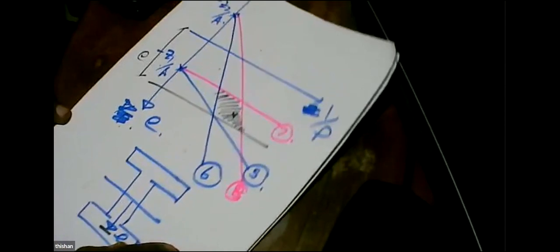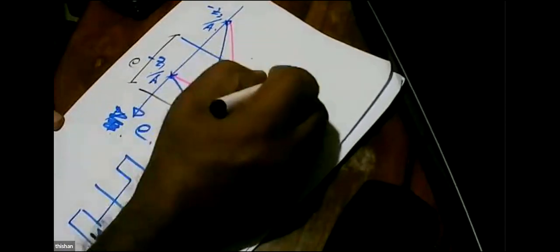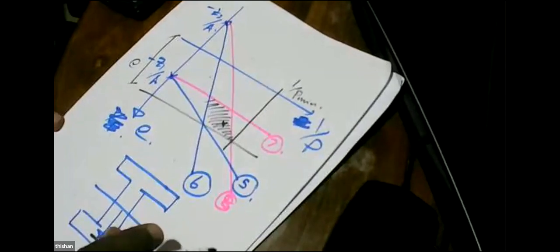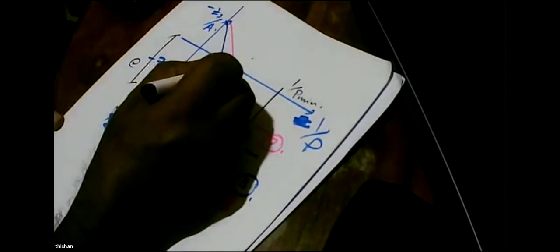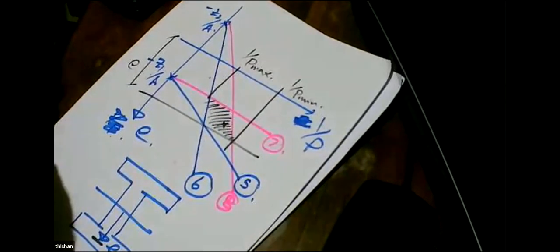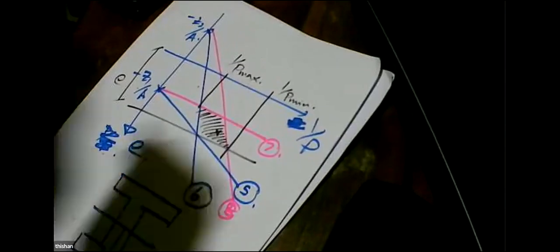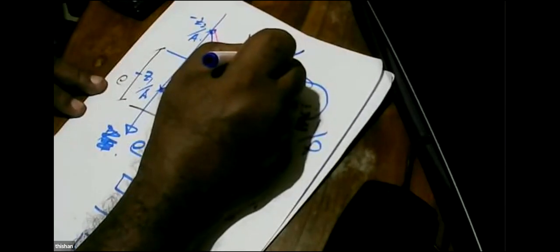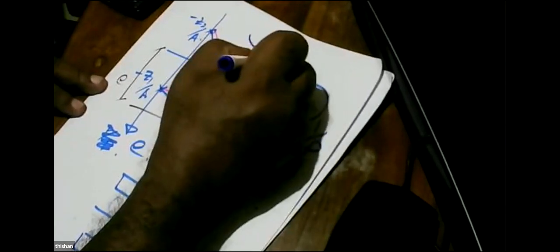But when you are selecting the pre-stress, now you can see this is the minimum pre-stress force, because this is 1 over P. Here you get the maximum pre-stress force. Now which one do we like, minimum or maximum? We like this. Why? Because it's going to fail like this and it fails in tension.